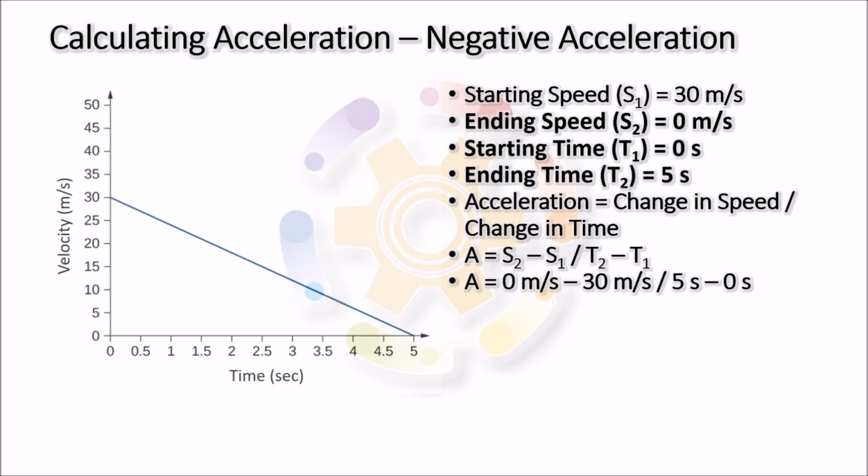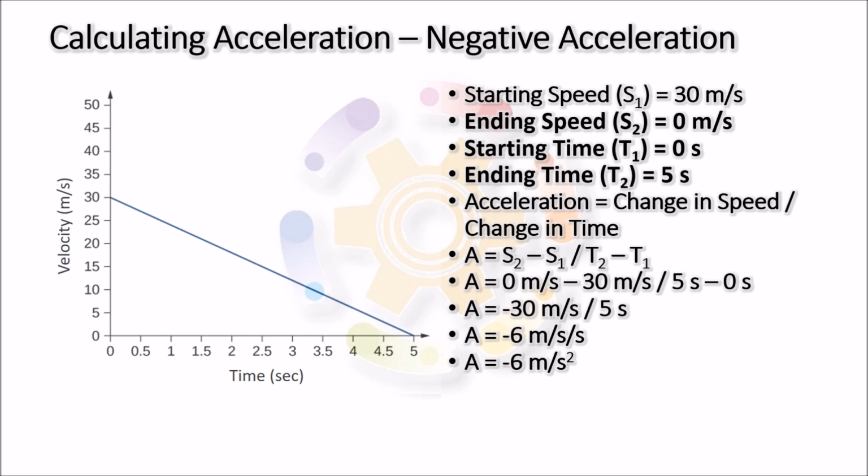So we get 0 meters per second for our ending speed minus 30 meters per second, which is our starting speed, divided by 5 seconds, which is our ending time, minus 0 seconds, which is our starting time. And so we end up with negative 30 meters per second divided by 5 seconds, which gives us negative 6 meters per second, or negative 6 meters per second squared.